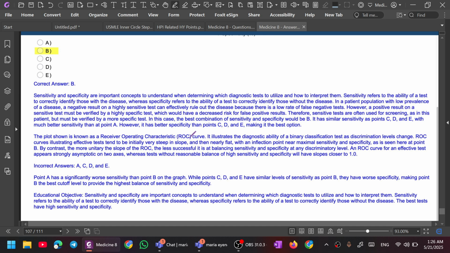Look at the curve from B to C. I understand the steep and then flat, but how does that help you on the question?